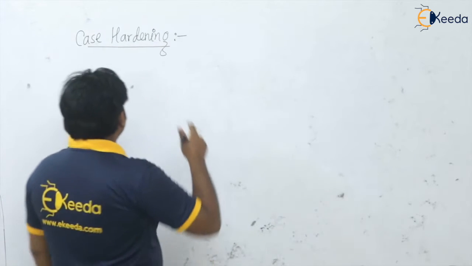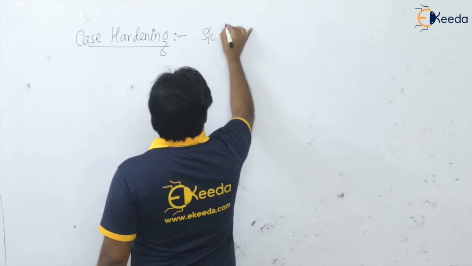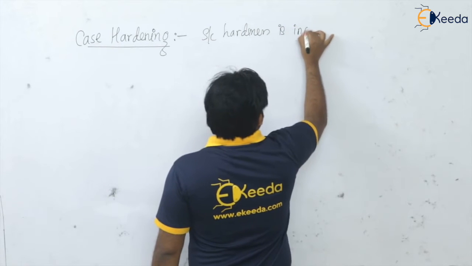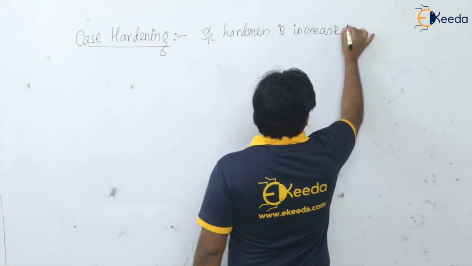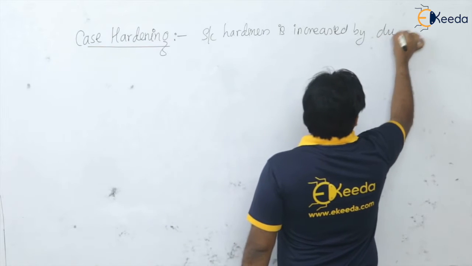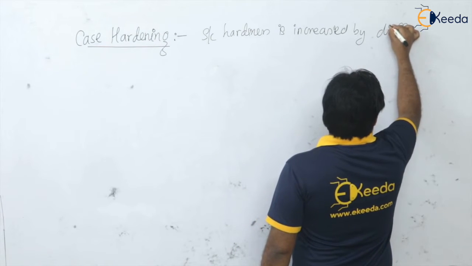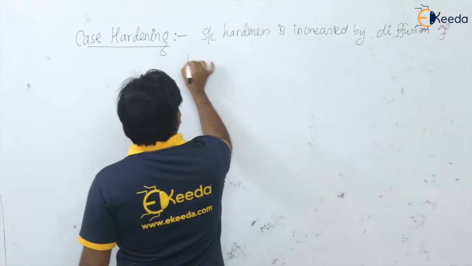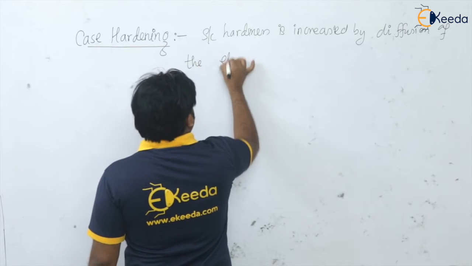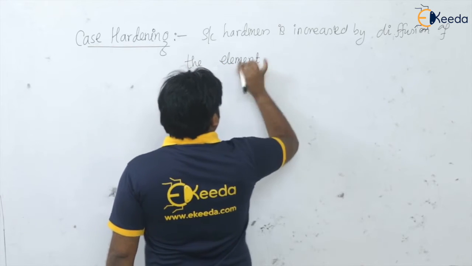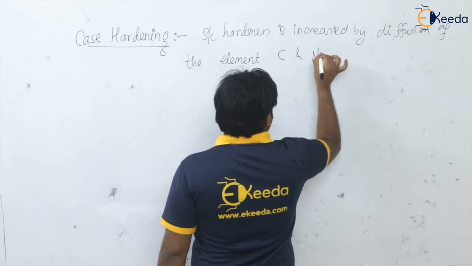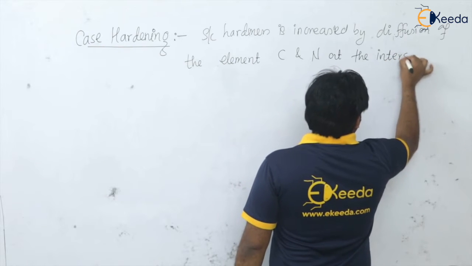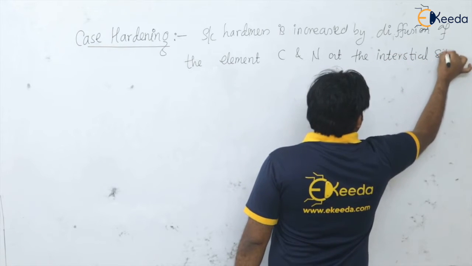What is done here? The surface hardness is increased by diffusion of the elements, which ones? Carbon and nitrogen at the interstitial sites.